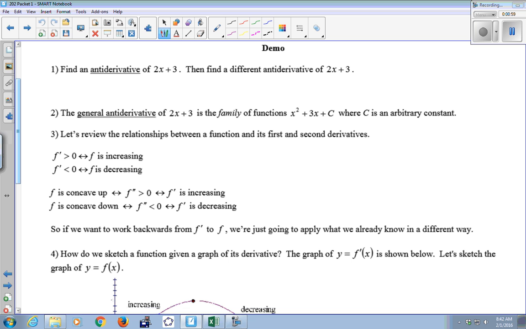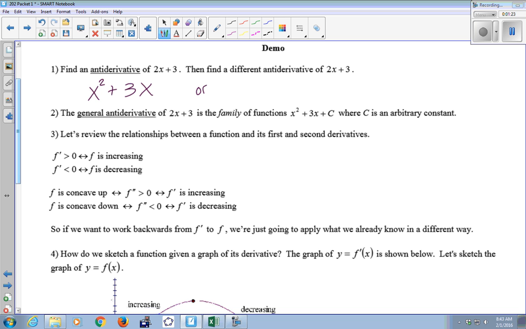Okay, can somebody find an antiderivative of 2x plus 3? Some function whose derivative is 2x plus 3. X squared plus 3x. Can somebody give me another antiderivative, another function whose derivative is 2x plus 3?